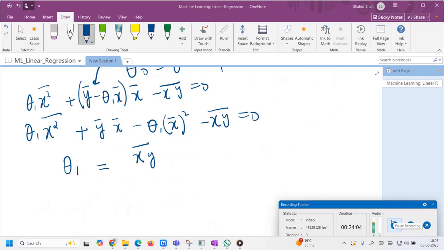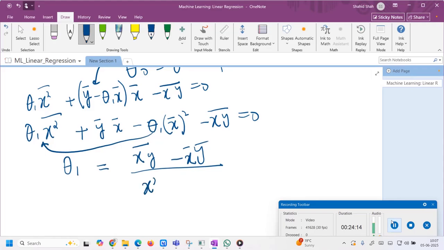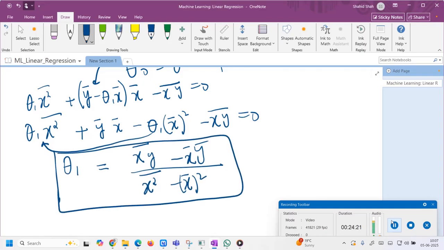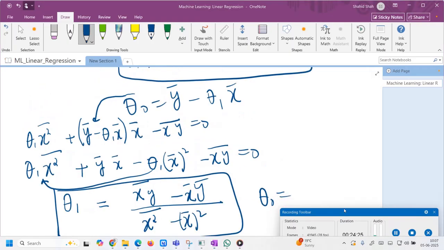And theta 1 is xy whole bar minus x bar y bar, divided by x square bar minus x bar square, since theta 1 is common between these terms. This is the estimate of theta 1, and theta 0 will be equal to y bar minus theta 1 x bar. So from this you get theta 1, and then put it here to get theta 0.